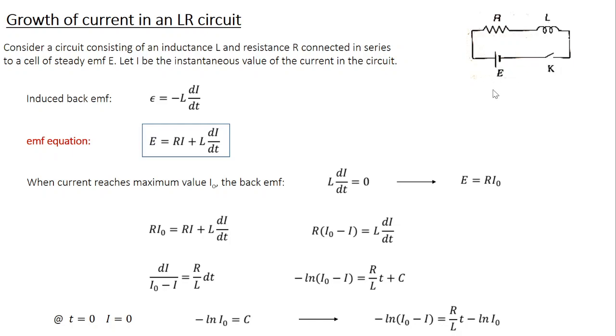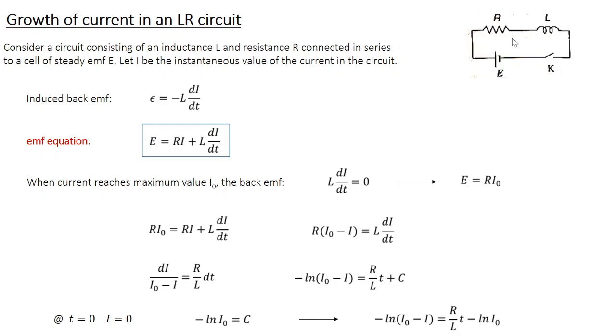You have a source voltage E, and the instantaneous current is I. When this current flows through resistance R, there is a potential drop IR across it. Also, the inductor is going to provide a back EMF given by minus L into di by dt. So you have three voltage components.